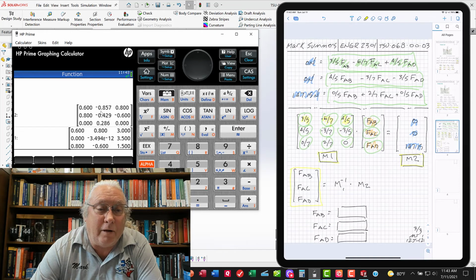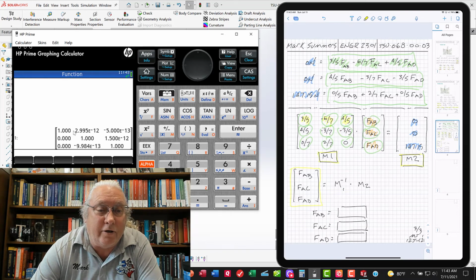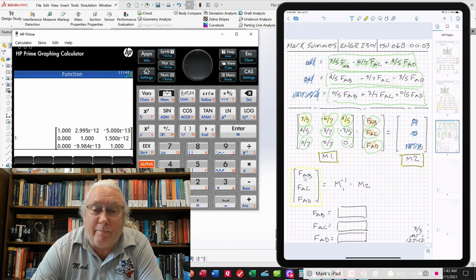If I multiply these two together, that's M1 times the inverse of M1, and sure enough, I get the identity matrix: 1 on the diagonals and 0s everywhere else. That leaves me with FAB, FAC, FAD, this matrix right here.